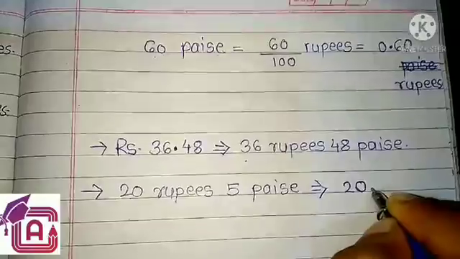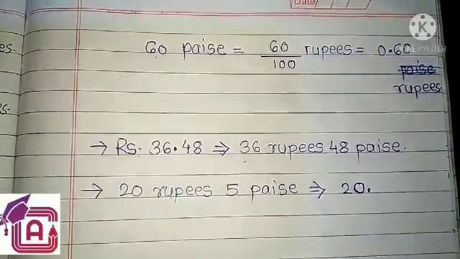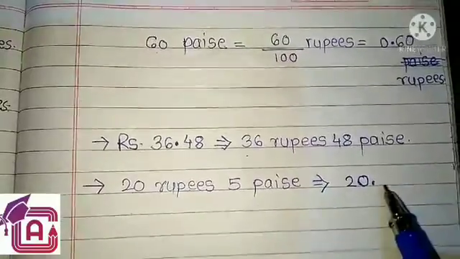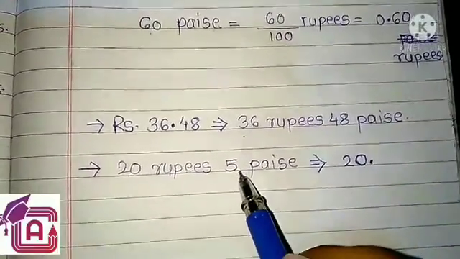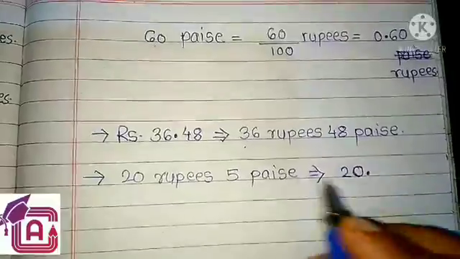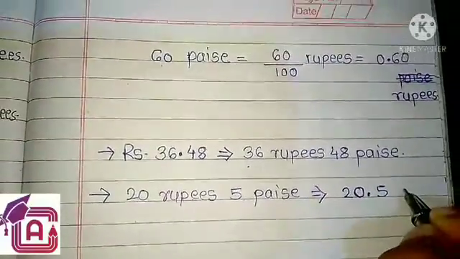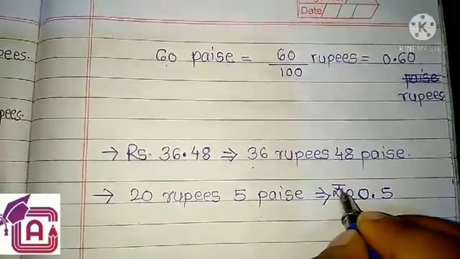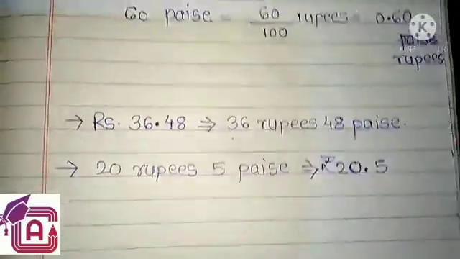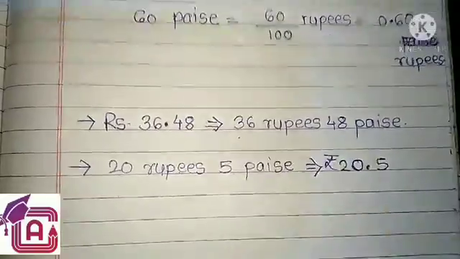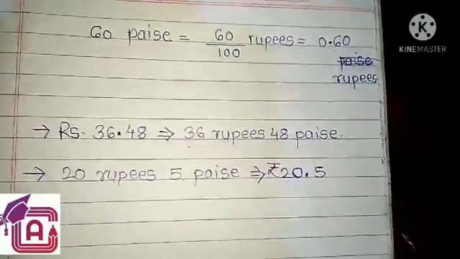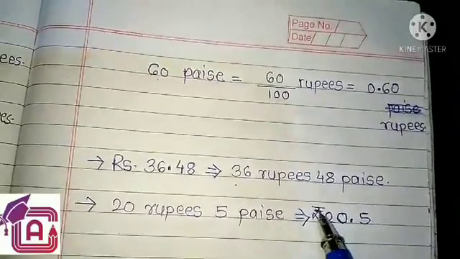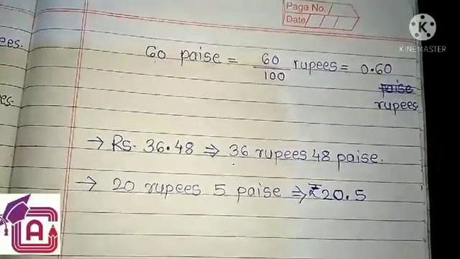Then we put a decimal point, and after writing the amount of rupees, put the decimal point and write down the value of paise. How many paise? 5 paise, and put the sign of rupees before it. Currently we are using the sign for rupees, as you simply draw an R in Marathi and a small line on the upper side.